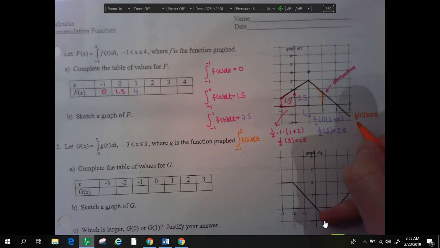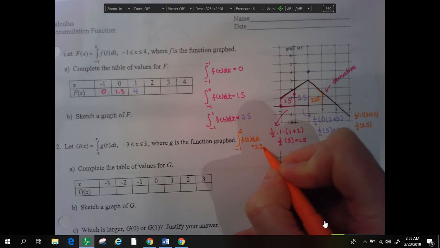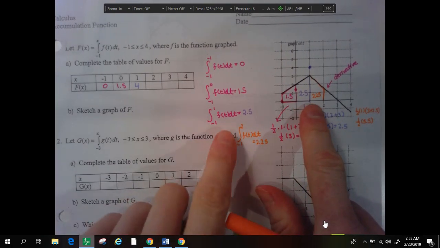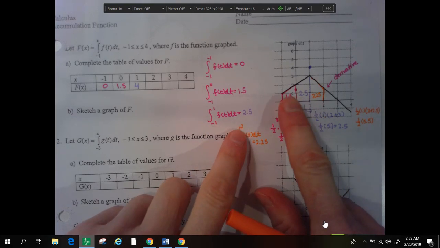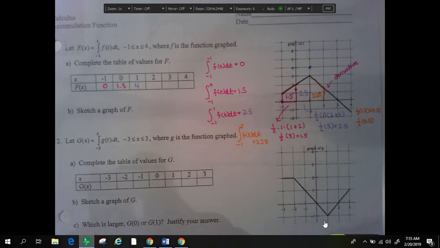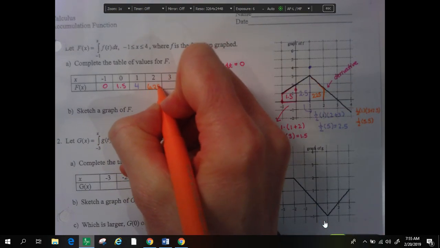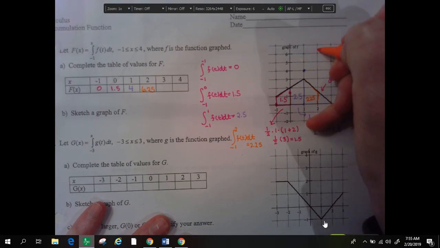And so that gets me 1/2 of 5.5. That's going to be 2.75. So the value of your integral from -1 to 2 is going to be the accumulation of all these areas. So we had 4, we're adding another 2.25. So now we're at 6.25.